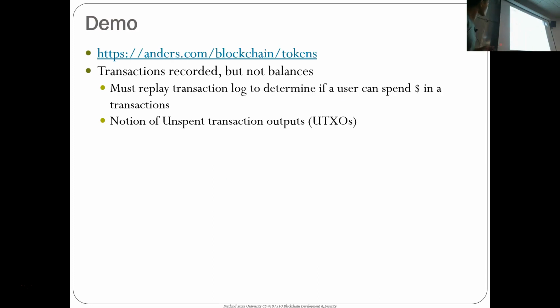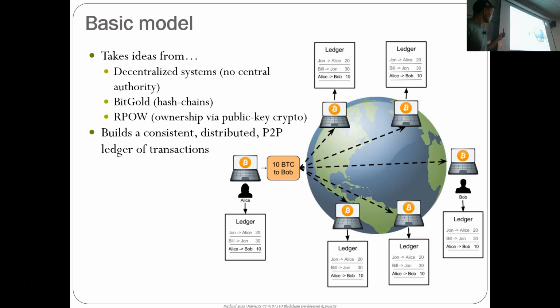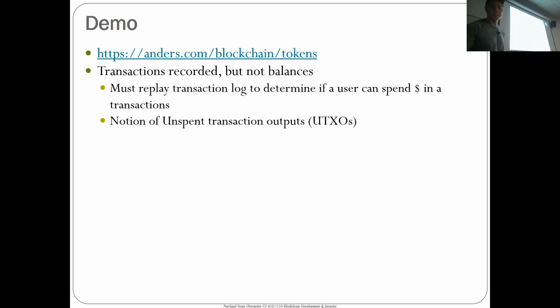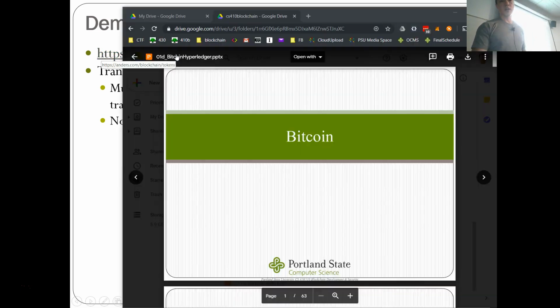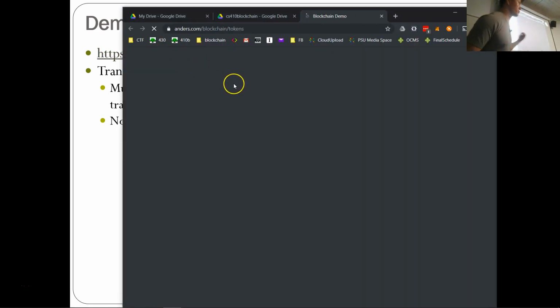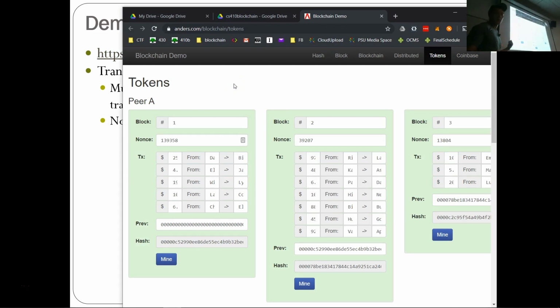The first thing I wanted to show you was this idea of tokens. Just to visualize what you're storing on the Bitcoin ledger, you are storing token transfers, Bitcoin transfers. So this is what you would see on the Bitcoin ledger.